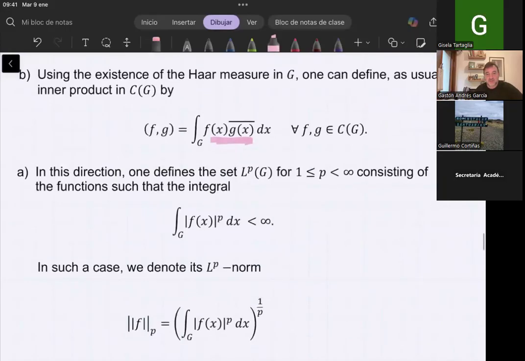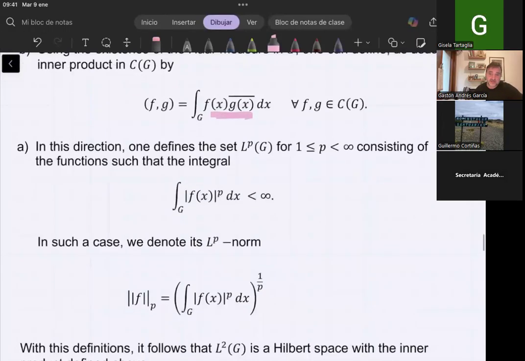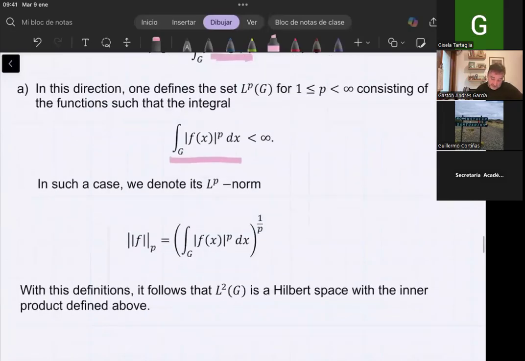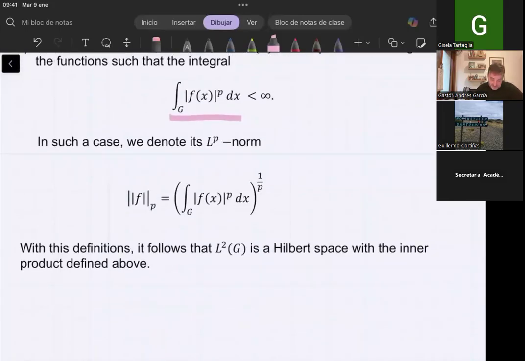And having an inner product given by an integral, we can define the space of L^p functions, which are the functions for which this integral is finite. We also have a p-norm given by this formula, as usual. In the case p is 2, we have a Hilbert space.